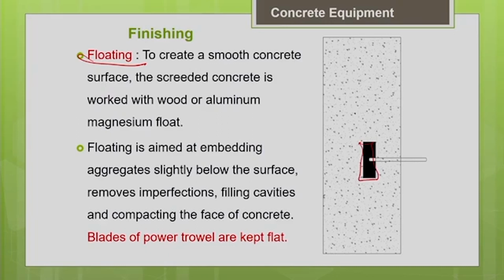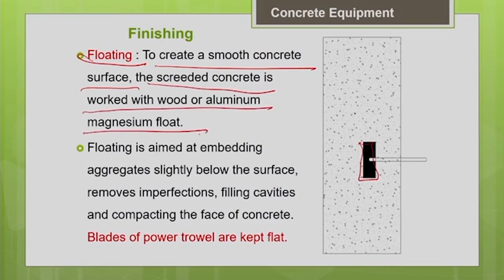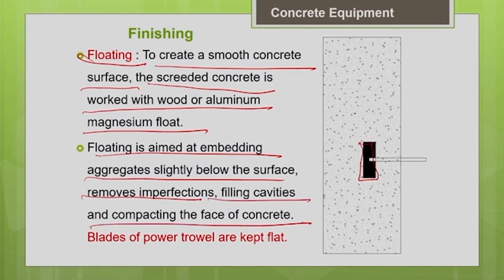What is the main purpose of floating? To create a smooth concrete surface. The screeded concrete is worked with a wood or aluminum or magnesium float, aimed at embedding the aggregate slightly below the surface. You press the aggregates below the surface, remove the imperfections, fill any cavities, and compact the face of the concrete.